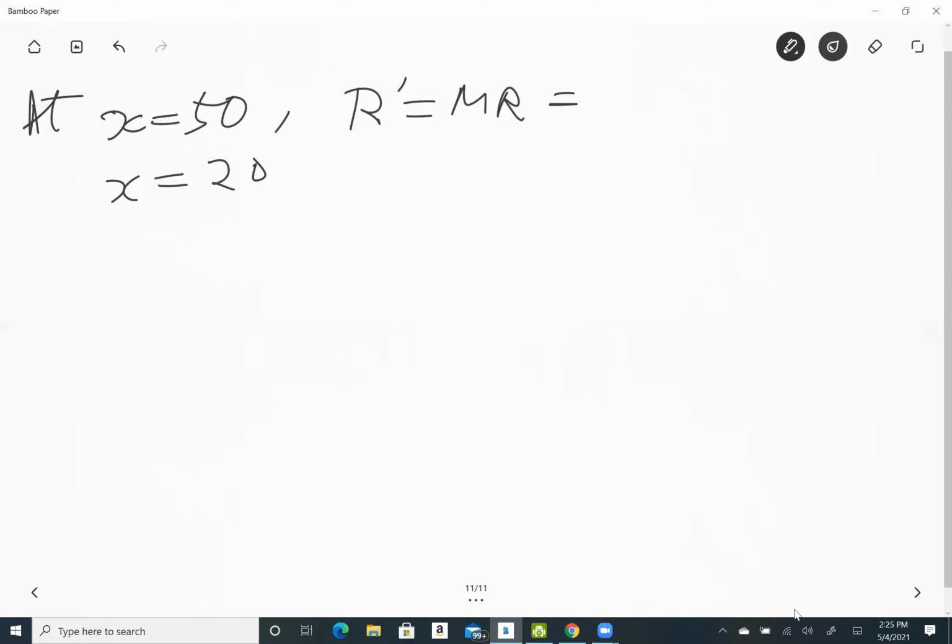Okay. So at 50 it's 10.02, and when x is 20, R prime equals 10.12.